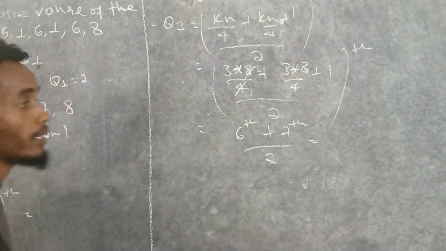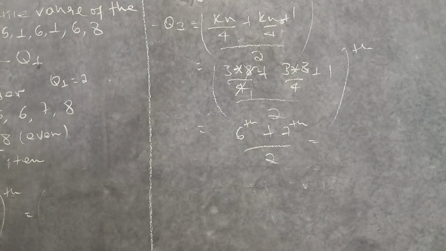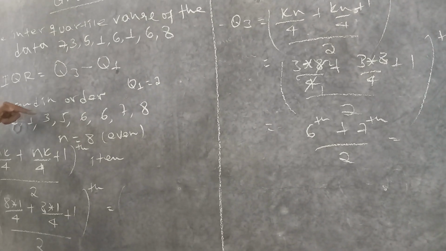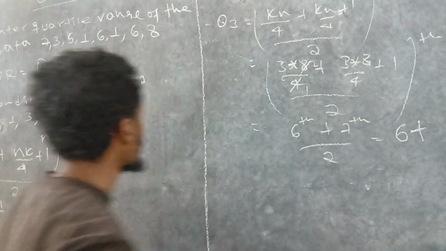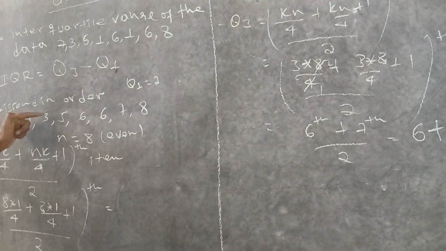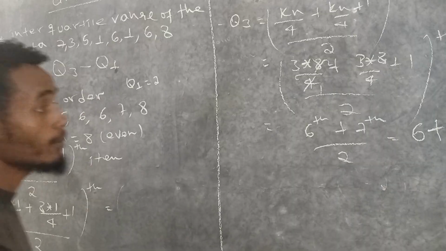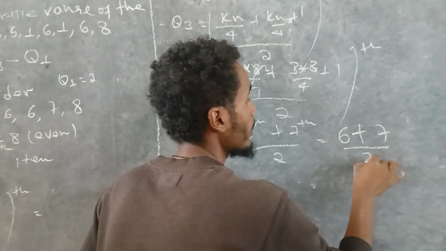Counting the 6th item, 1, 2, 3, 4, 5, 6, is 6, and the 7th item, 1, 2, 3, 4, 5, 6, 7, is 7.